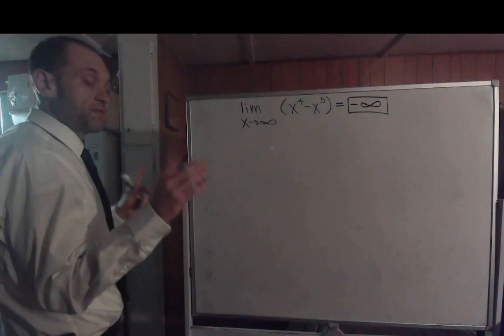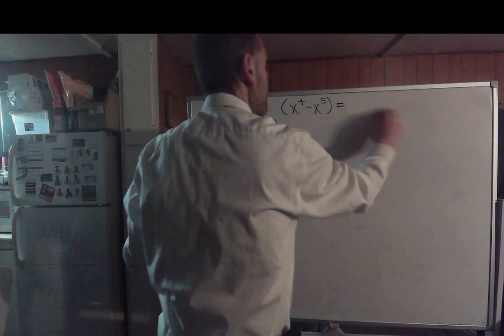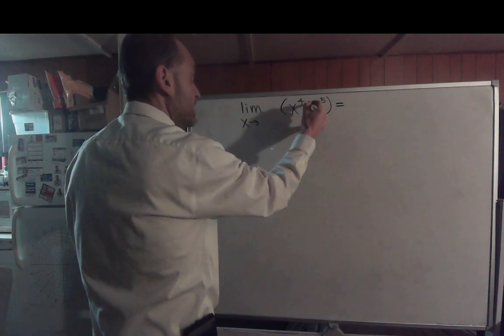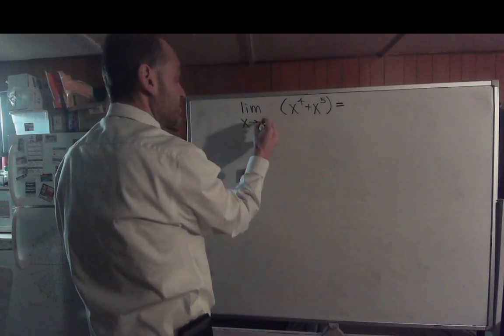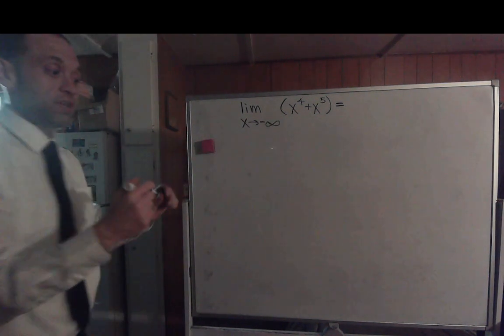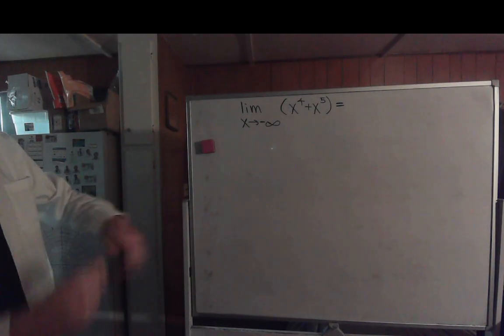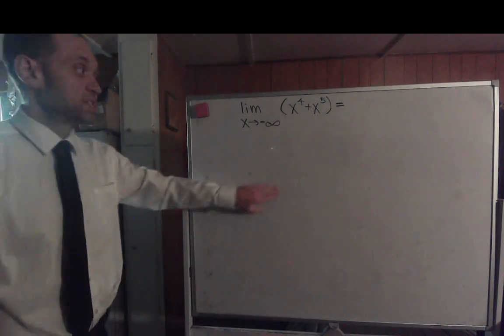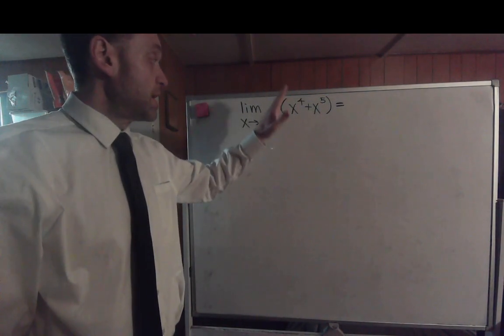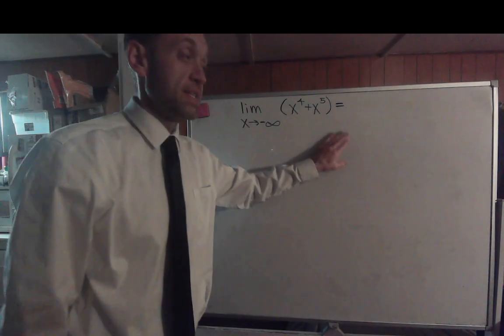Now, let's modify this a little bit. Let's say I make this x to the 4th plus x to the 5th, but I'm going to take the limit as x approaches negative infinity of that function. So the limit as x approaches negative infinity of x to the 4th plus x to the 5th.